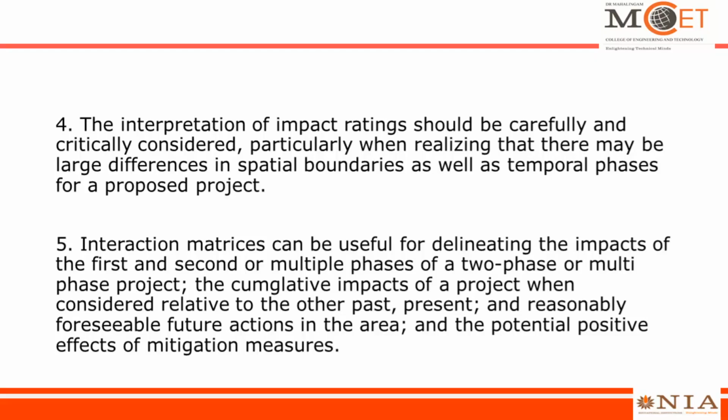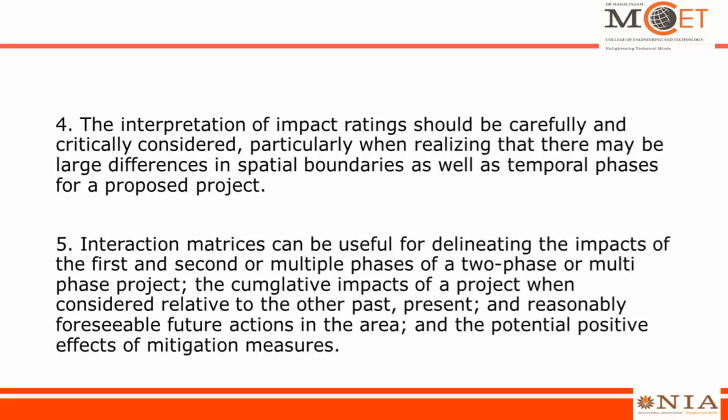Interaction matrices can be useful for delineating the impacts of the first and second or multiple phases of a two-phase or multi-phase project. The cumulative impacts of a project, when considered relative to the other past, present, and reasonably foreseeable future actions in the area, and the potential positive effects of mitigation measures.